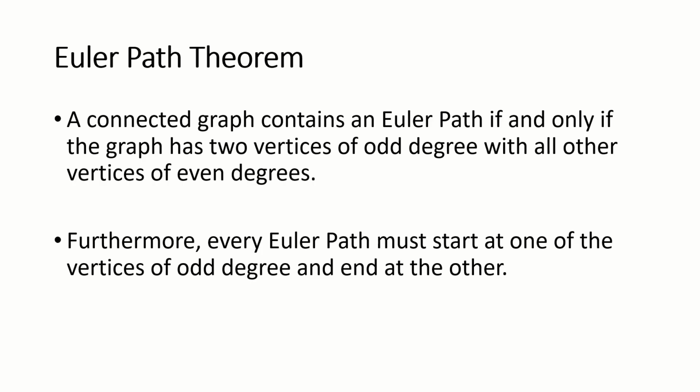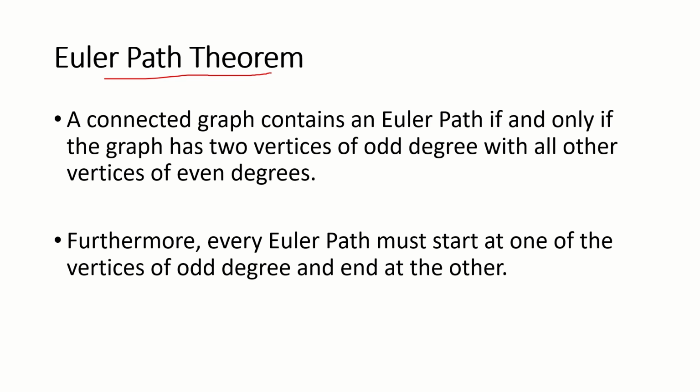Now, to determine whether a connected graph contains an Eulerian path, of course you may use the Euler graph theorem, or you can also use this Euler path theorem. The Euler graph theorem is that every vertex must have even degree.